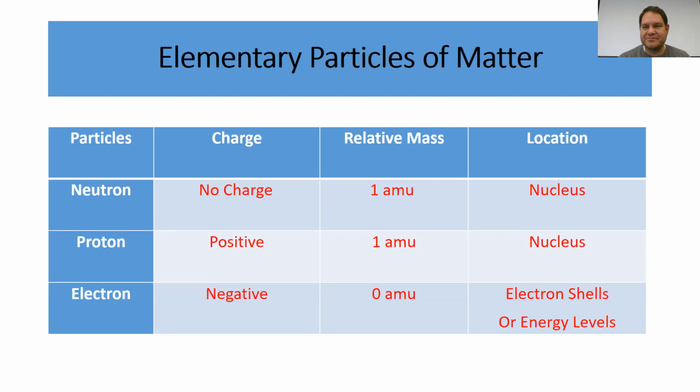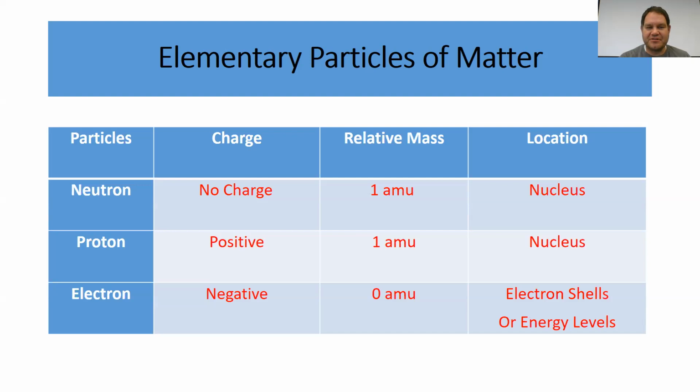Now, when we use the term subatomic, we're talking about particles that are smaller than atoms themselves. They're also sometimes known as elementary particles of matter, but we will refer to them as subatomic particles, smaller than the atom itself.